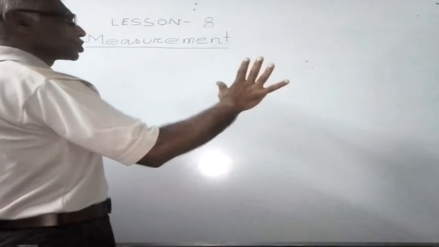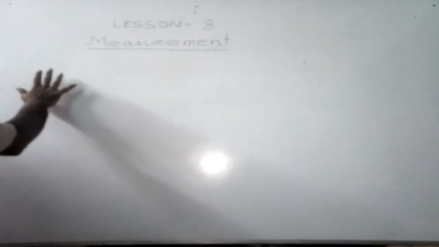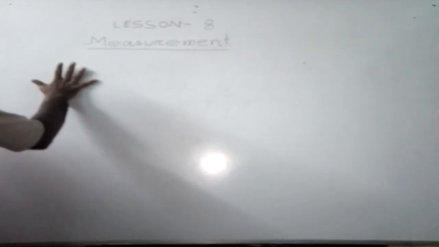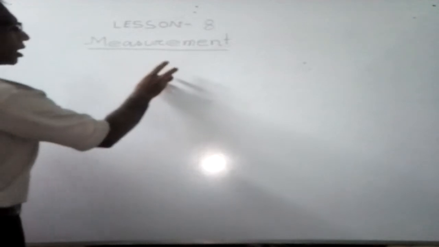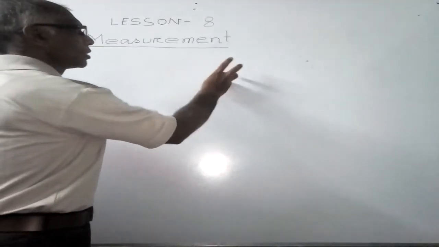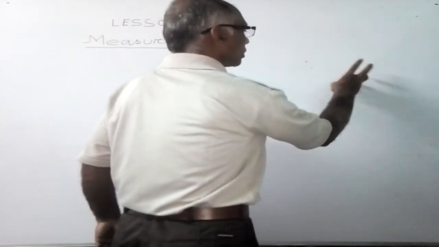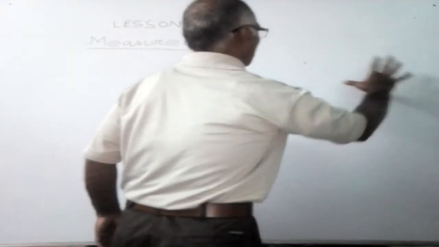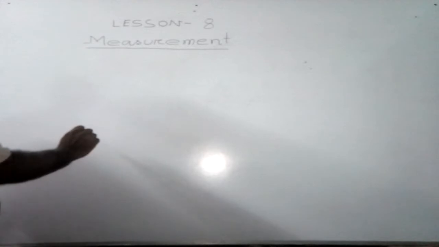It is called hand span. If I want to measure the length of the board, I will count like this: 1 hand span, 2 hand span, 3, 4, 5, and 6 hand span. This is called hand span, by which you can measure the length.